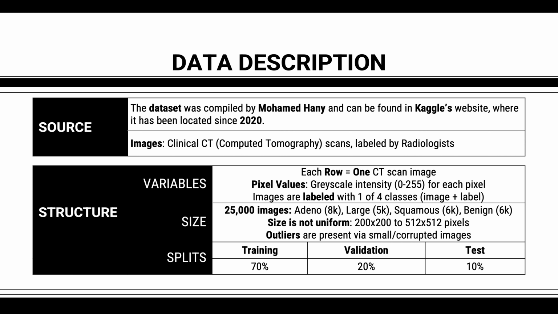They range from 200 by 200 pixels up to 512 by 512 pixels. And there are some outliers, such as very small or corrupted images found within the dataset as well. For training and evaluation, the dataset is split into 70% training, 20% validation, and 10% testing.